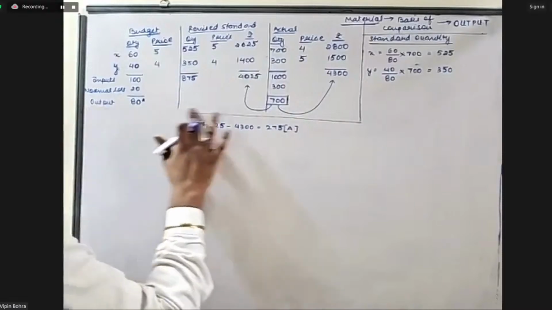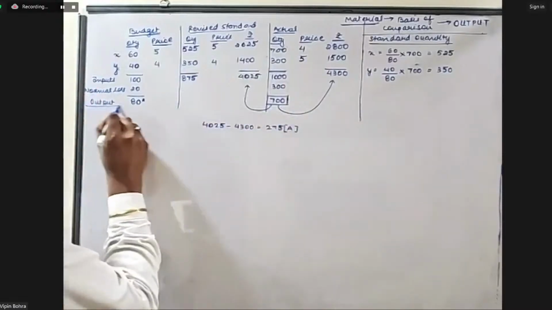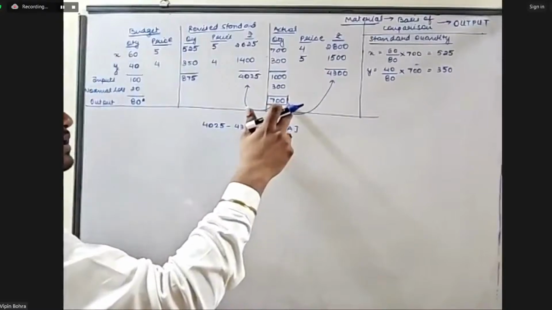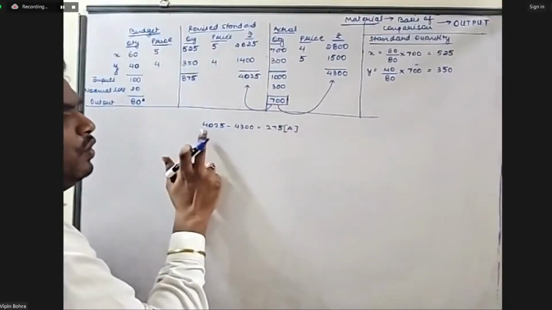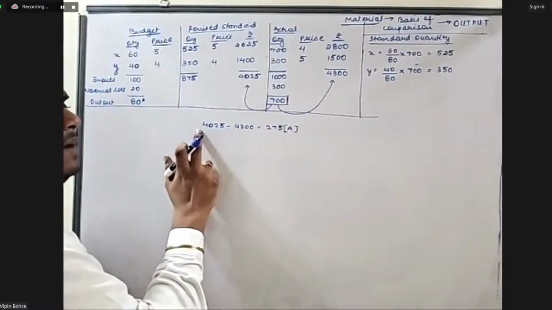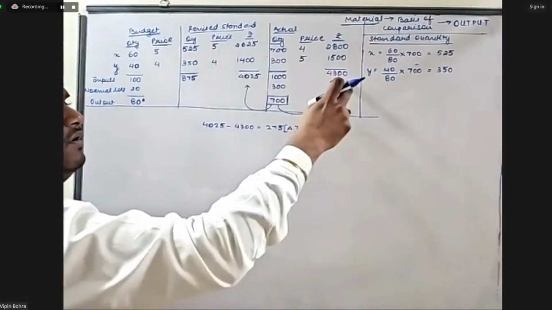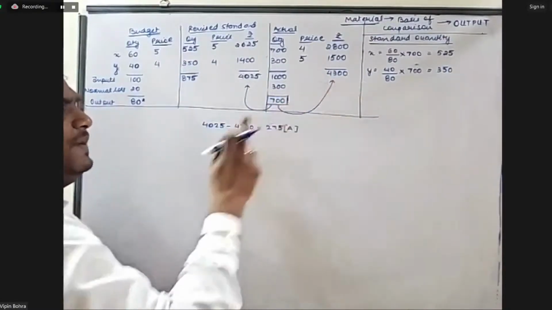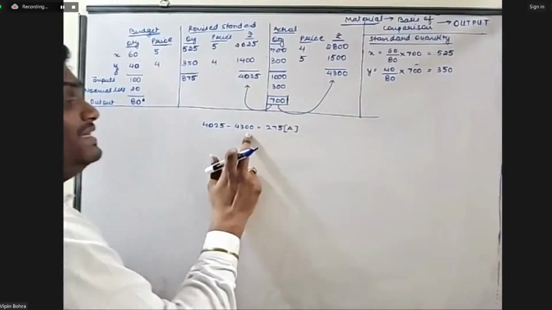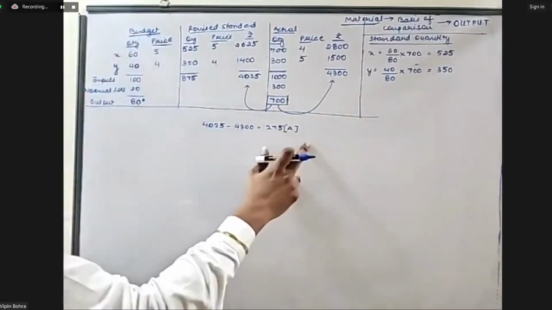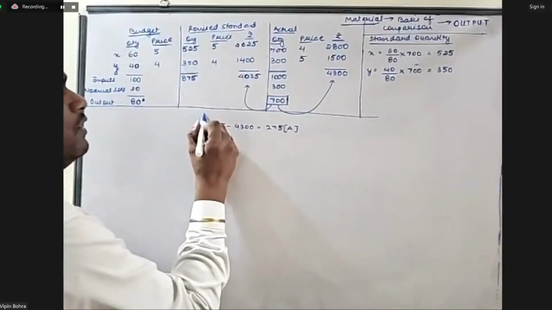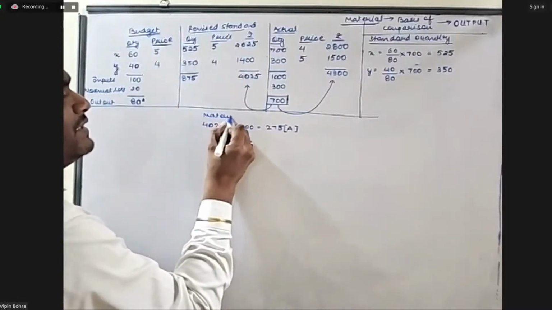How much cost was supposed to be incurred for manufacturing 700 units? We should have spent 4,025 rupees, but the amount we actually spent is 4,300. That is 275 rupees extra we spent. So that's why we call it adverse. So this is all the material cost variance.